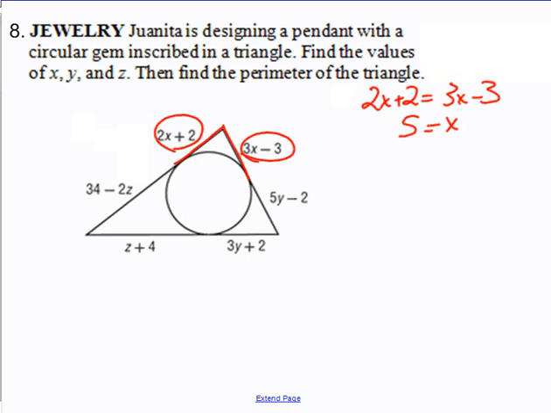So that's x, but now we have to find the value of that when we plug it back in. So let's say x is 5, we can say 3 times 5 minus 3 equals 12. Okay, so this and this are 12. All right, x, y, let's do y. 5y minus 2 equals 3y plus 2.